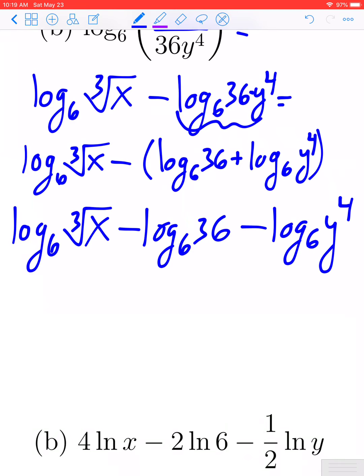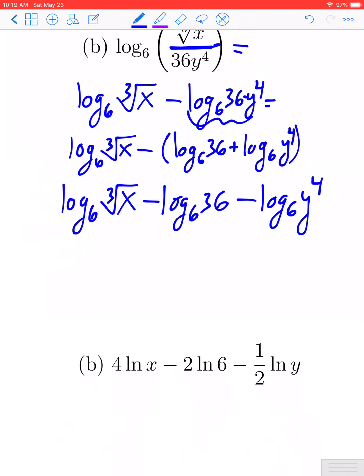And then from here, we can do the power rule on the first and last term. The cube root is the same thing as the 1/3 power. So we can rewrite this as 1/3 log base 6 of x minus, this thing here is a value we can actually compute. Log base 6 of 36 represents the exponent that you would need to raise 6 to in order to get the value 36.